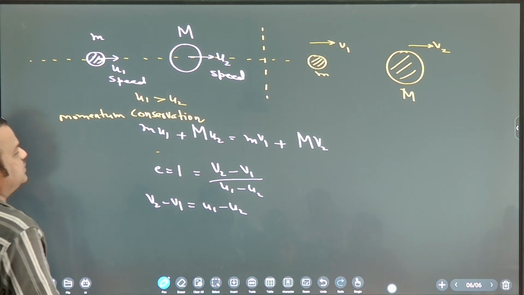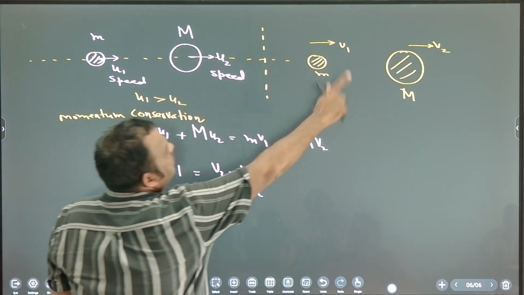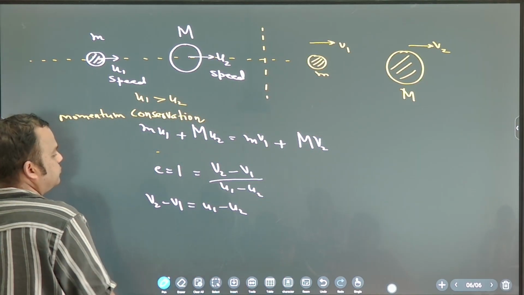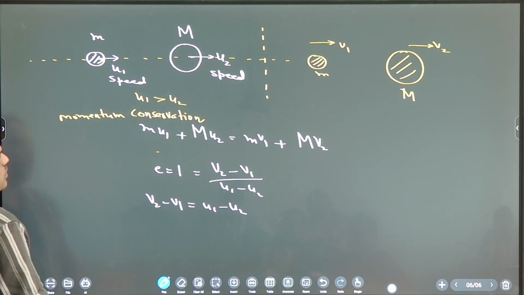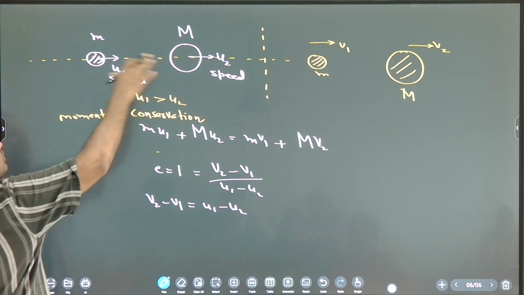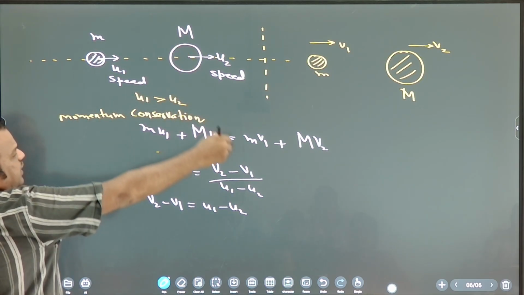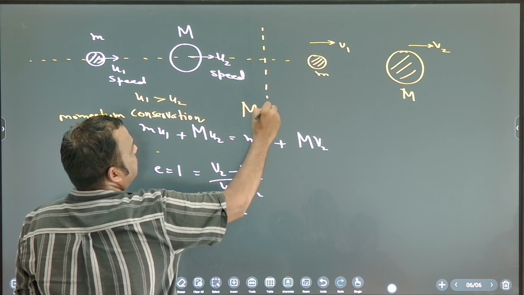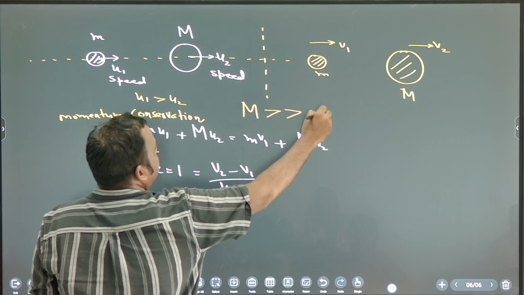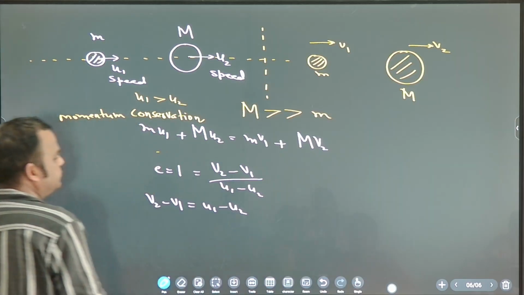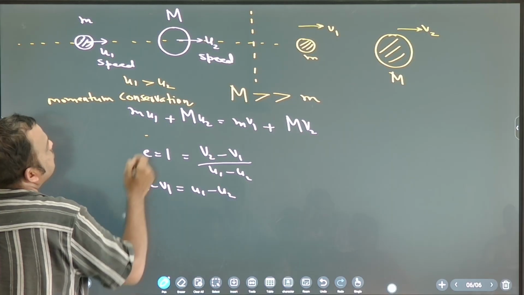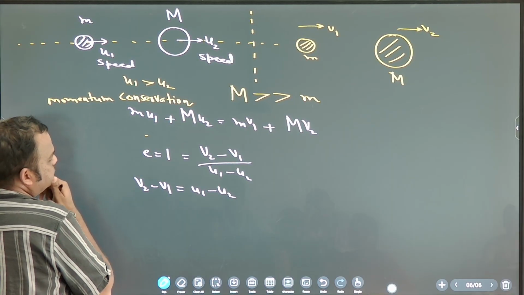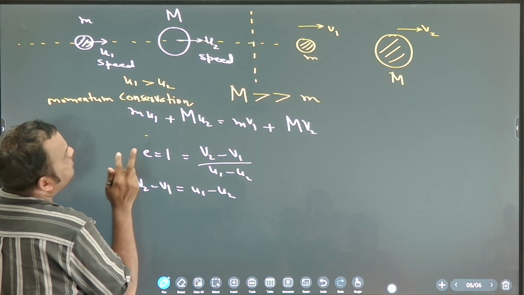Now we have to find v1 and v2. What is the condition here? Capital M is very, very much greater than small m. So let's find v2.